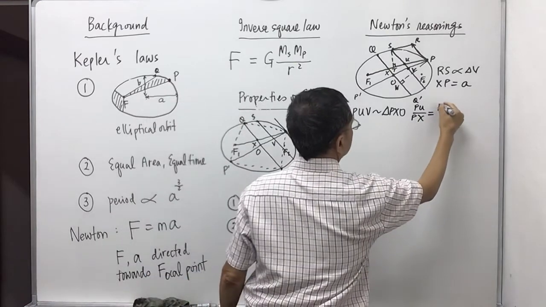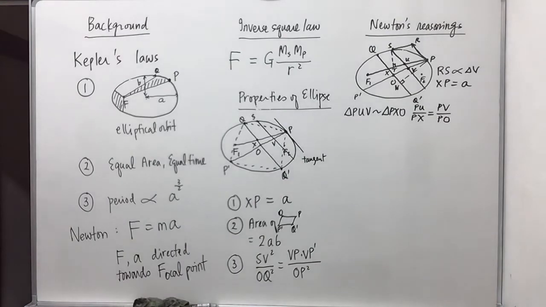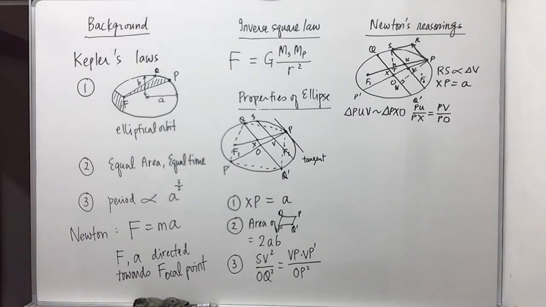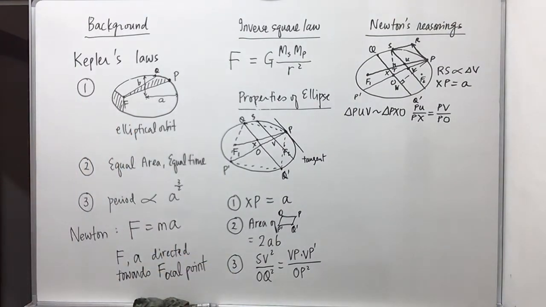Now we are trying to get down to the formula that relates RS with F1P, remember, and we are going to make good use of this number 3 later on. So you are seeing some of this starting to appear. Can you see a PV over there? I also have my PV over there, I also have my PO. Okay, that's the first triangle.